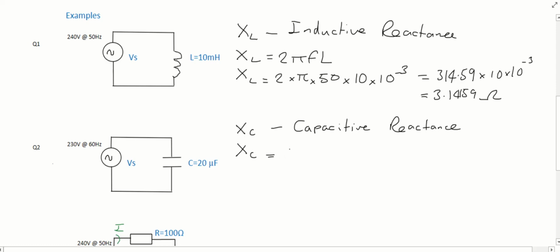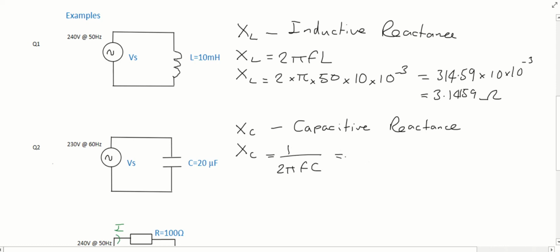Okay, this time the formula is, so as the capacitance and the frequency increase, the XC would decrease, and vice versa. So that is 1 over 2 pi FC.